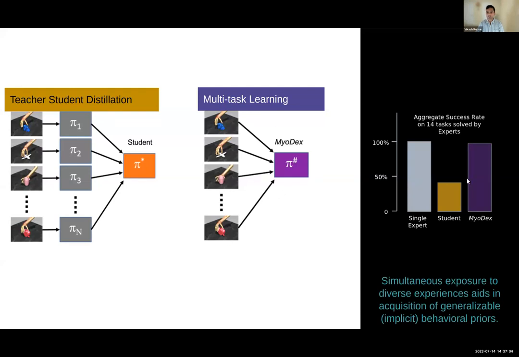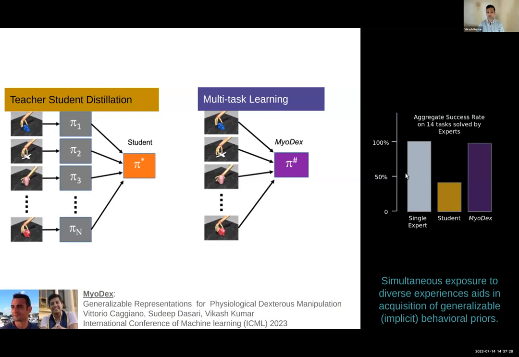So let me outline what the performance looks like. If you distill them together on a small subset of tasks, you see the student policy is not that successful in solving all the other new tasks. But the MyoDex policy, this new prior I'm calling MyoDex, is actually pretty good, almost at the level of all of these individual experts. So this is very interesting. What exactly is going on?